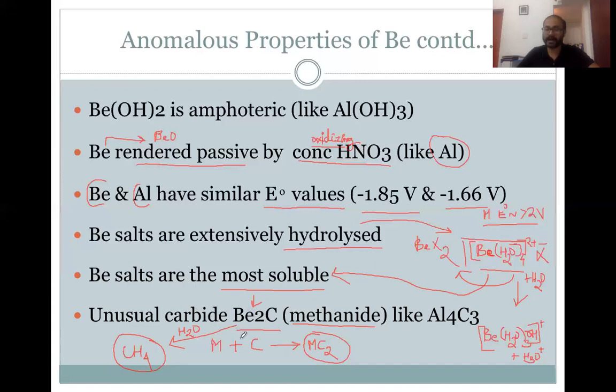That is why beryllium carbide is also called methanide. Another important carbide that is very useful is calcium carbide, which has the usual formula CaC2. Now this is called acetylide. Now tell me why this is called acetylide.